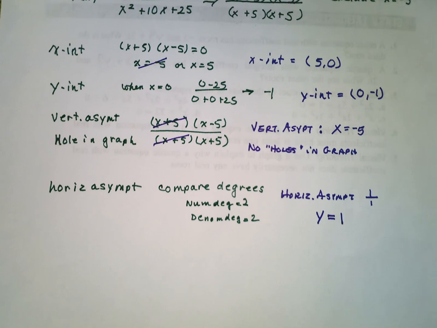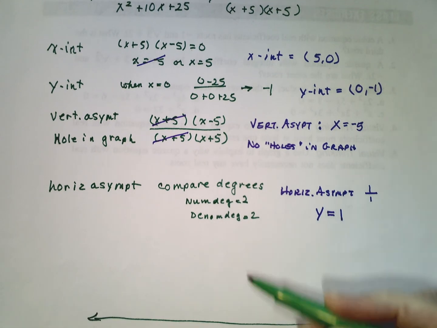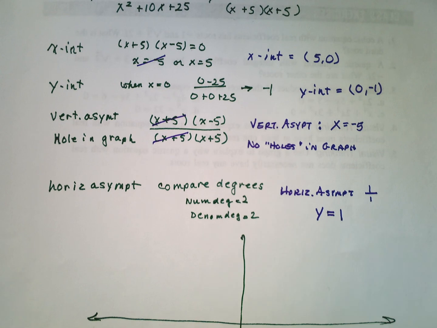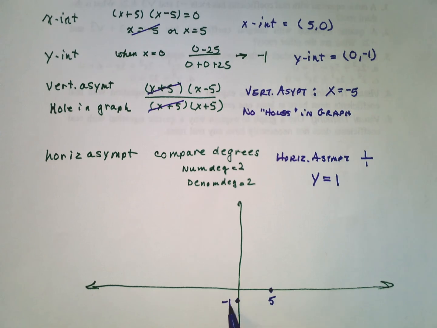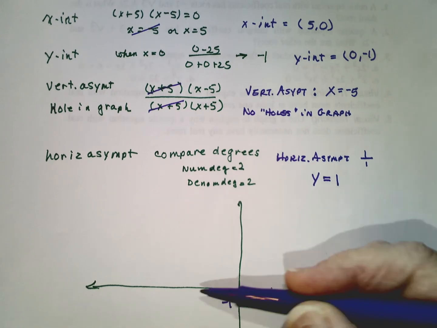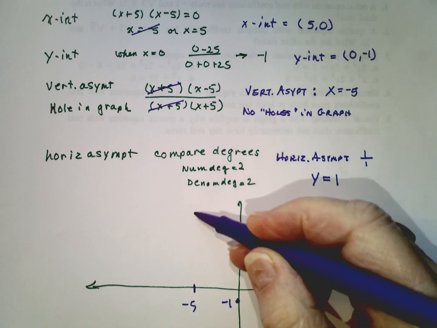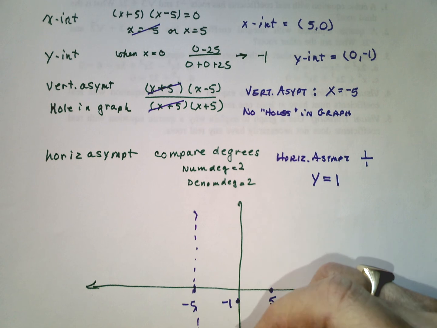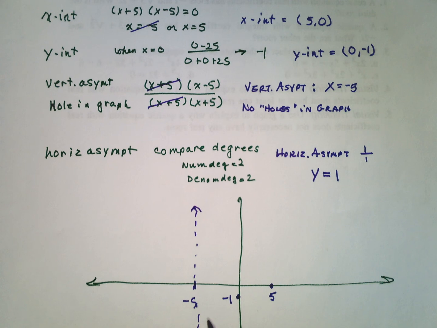Now we were not asked to graph this, but if we were, we do know some things about the graph. We do know that it's got an x-intercept at (5, 0). It has a y-intercept at (0, -1). It has a vertical asymptote at x equals -5, and the graph cannot cross the vertical asymptote.